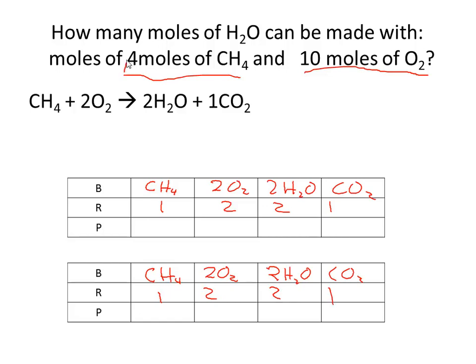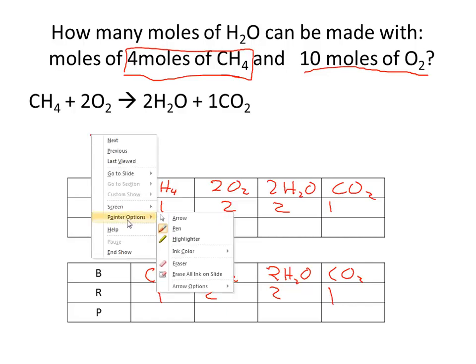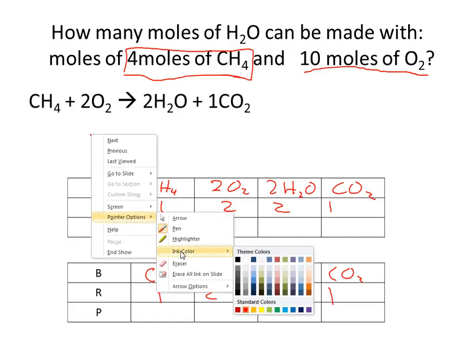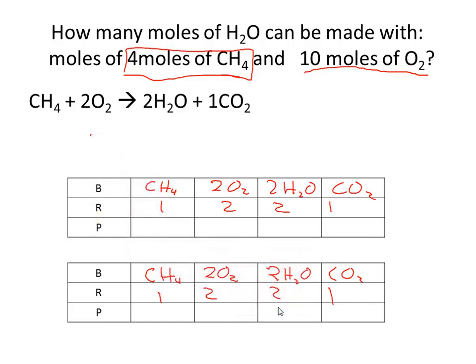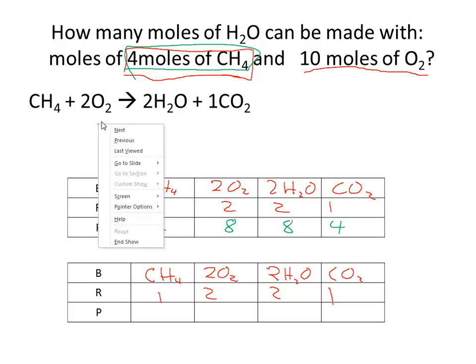We'll do 4 moles of CH4. I'll switch that color. We'll do this in green. 4 moles CH4. And let's figure this out. So 4, what's this going to be? 8, 8, 4. Good. And 10 moles of O2.